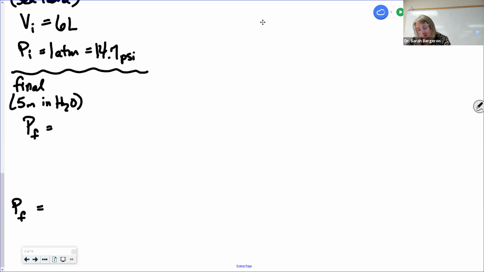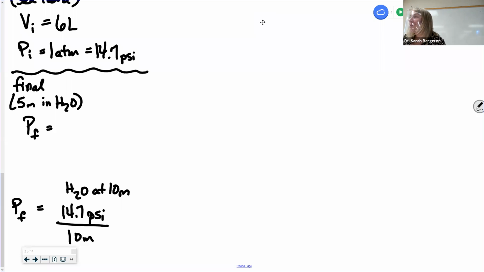At 10 meters. Okay, you can do it that way, but I want to figure out how we got there. So what's the pressure from water at 10 meters? You add how much? It adds 14.7 psi to atmospheric pressure, right? So you've got 14.7 psi per 10 meters, right? But am I at 10 meters?